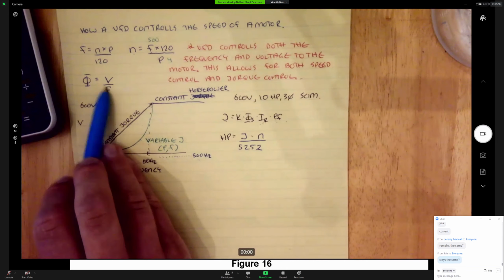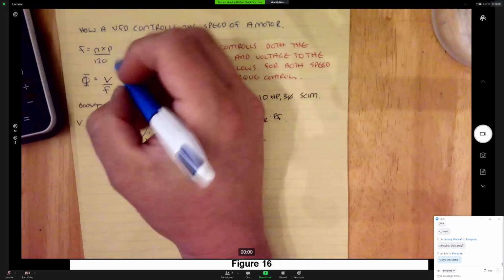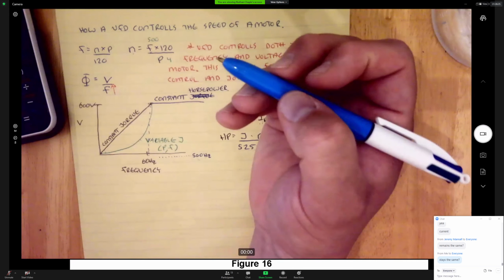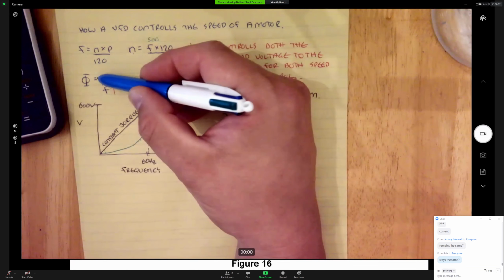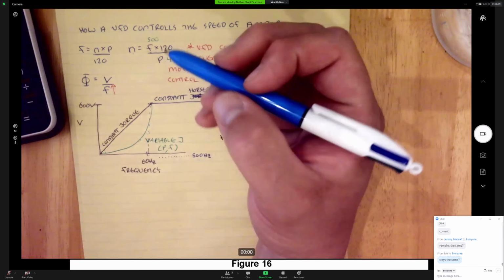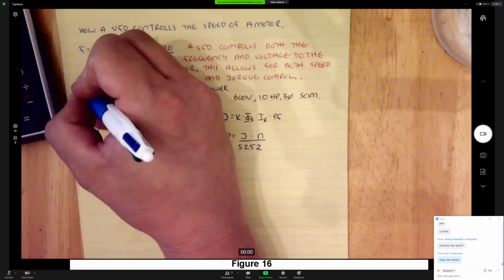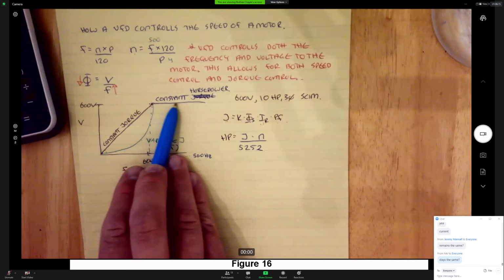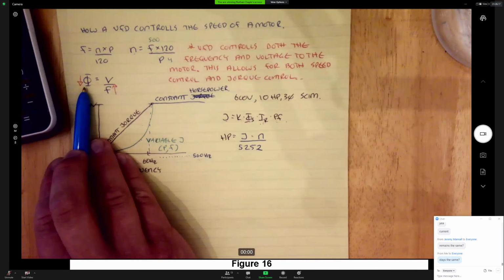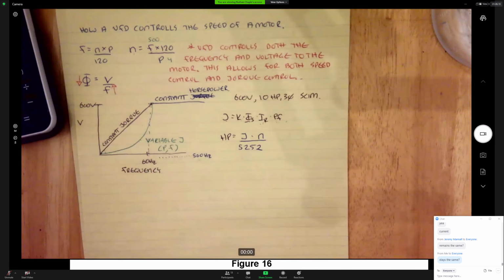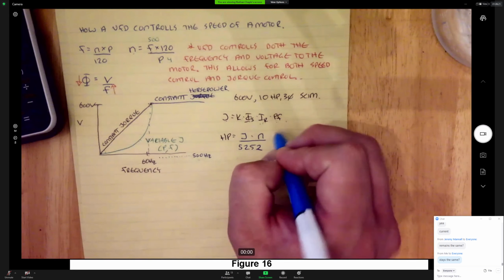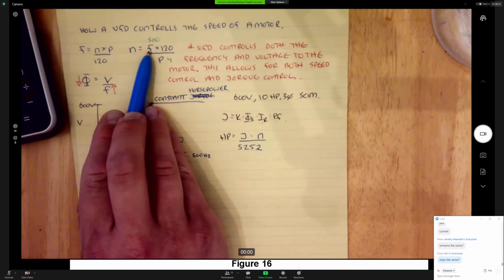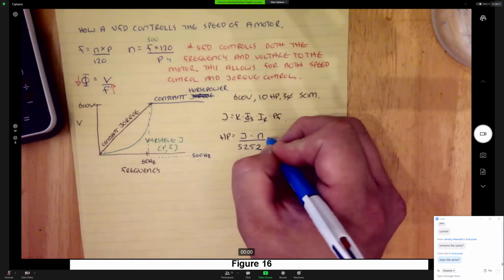Now, back to this. If voltage stays the same and we continue to increase the frequency, we have an inverse relationship between flux and frequency. As we increase here, flux is constantly decreasing. So let's take a look. If I'm increasing frequency, we know that that's a direct relationship with the speed.